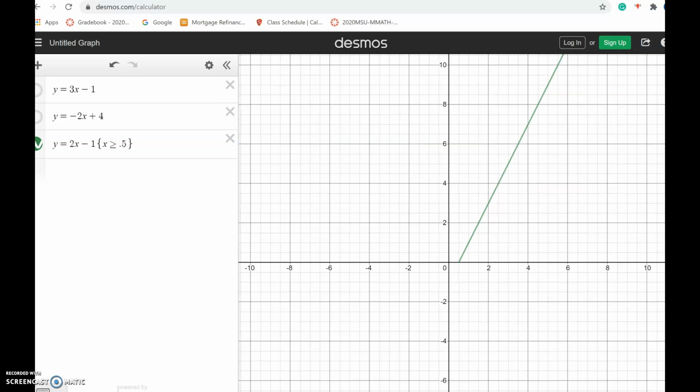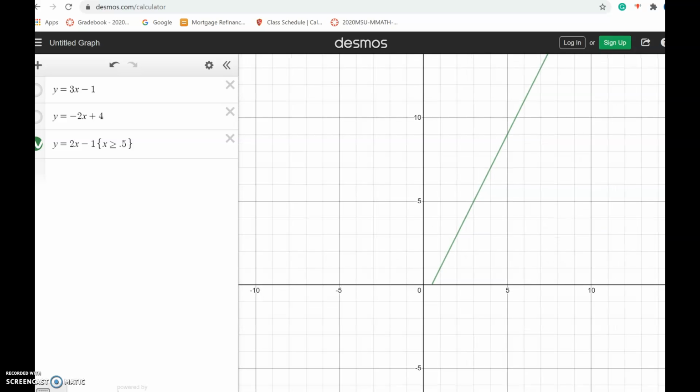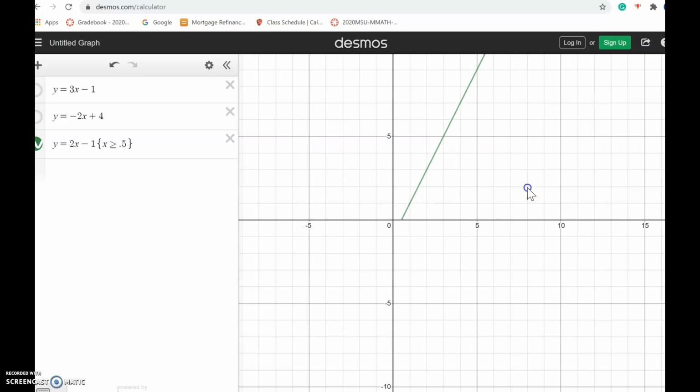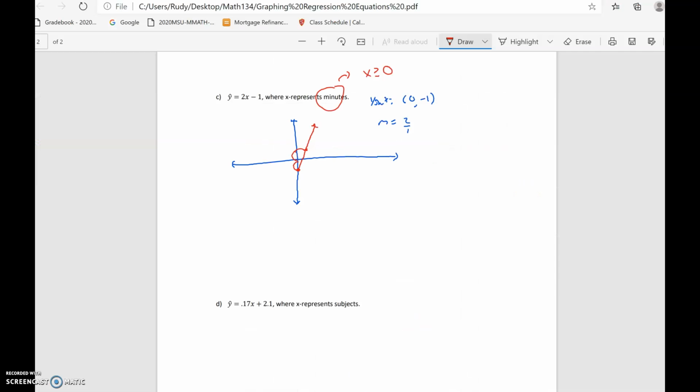Most of the problems that we're using are only going to live on the first quadrant, where both of your units are positive, and you're not allowed negative units. So I'll leave it like that. Once again, this is one picture, and then your other picture is going to be your handwritten sketch.